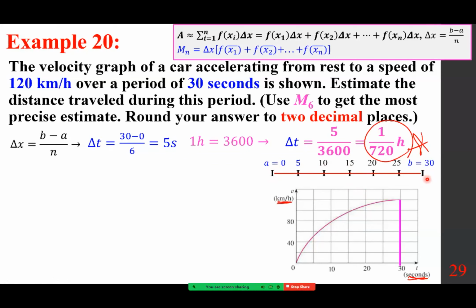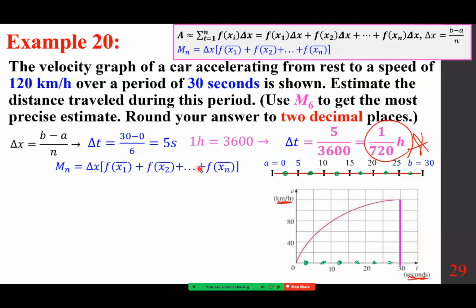So I want these points along the x-axis. And using the formula, of course, M sub n is delta x times f of x1 bar plus f of x2 bar and so forth.